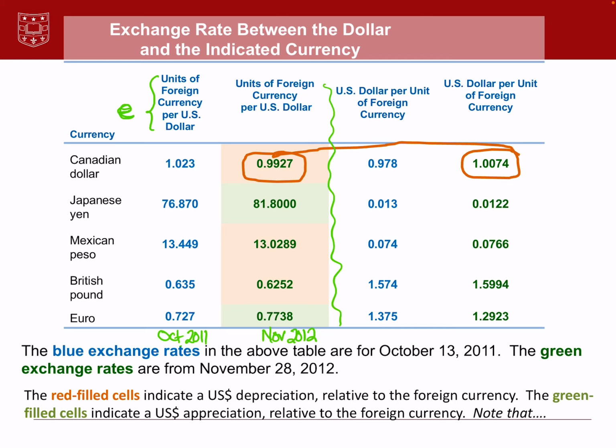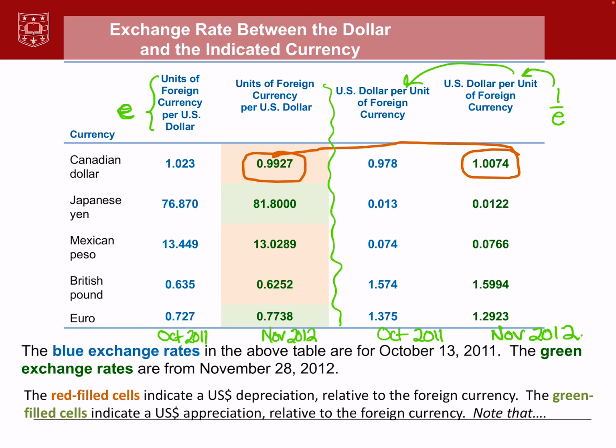And what we have here is just the inverse of this. So this is 1 over E here and here, again in October of 2011 and November of 2012. And so what you can see, first of all, is that indeed, if we want to talk about the price of the dollar, it would be, say, yen per dollar.